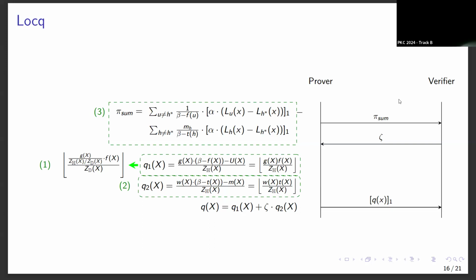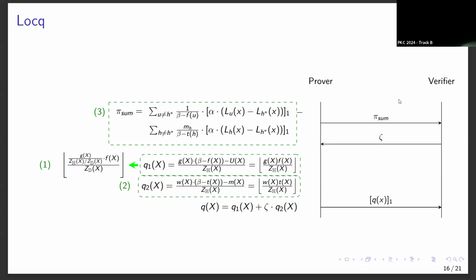I will not explain the details, I just remark that computing this sum still requires only a number of scalar multiplications that is independent of the table size, because of the sparsity of the polynomial representation. And the univariate sum check is also adapted according to the context.